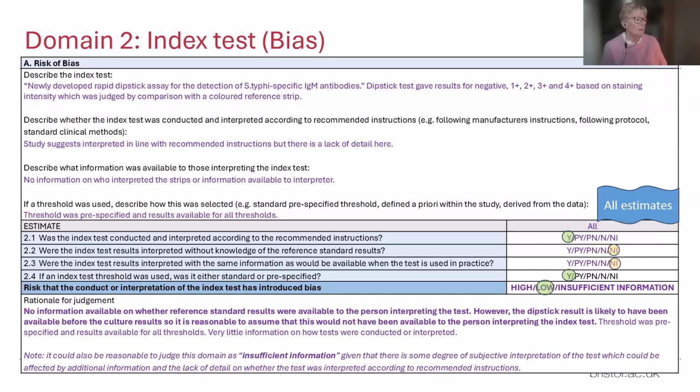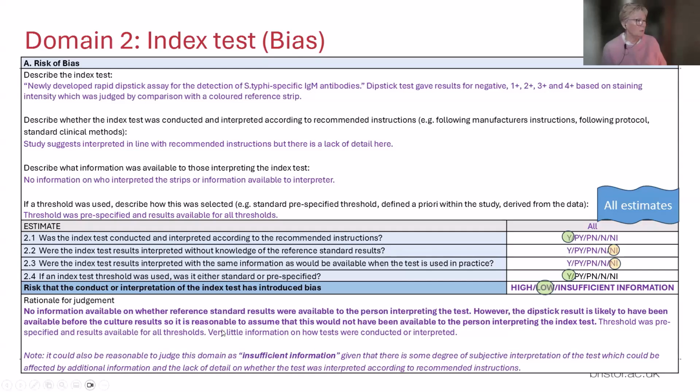And this is where providing information about how you've come to the decisions about these signalling questions in the top half of the domain here helps you to explain what the rationale for your judgment is. So the authors, or well, in this case, the steering group, because this is one of our examples, judged this domain at overall low risk of bias, even though there were 2 signalling questions answered as there not being any information to make a judgment.